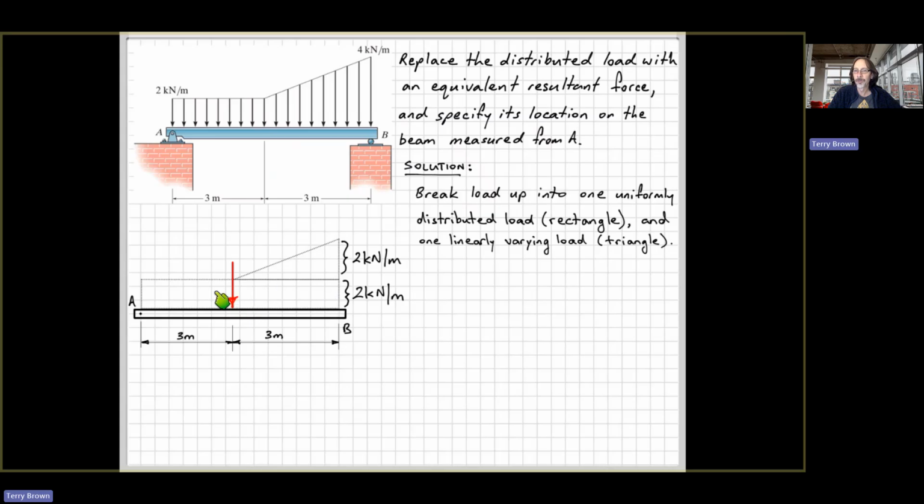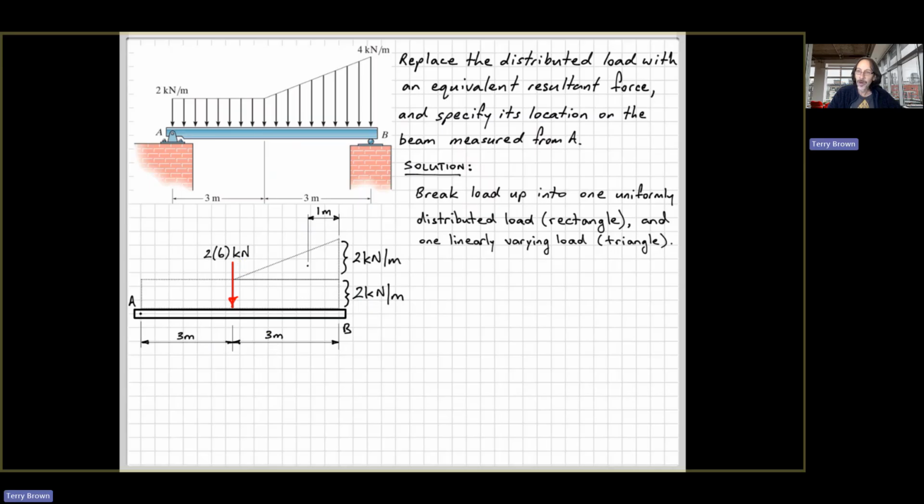So the centroid of a rectangle is just at its geometric center, so we can put that one in easily enough, and its magnitude will be the magnitude of the distributed load, so 2 kilonewtons per meter times the length over which it acts, which is 3 plus 3, 6. So 2 times 6 is 12 for that resultant force.